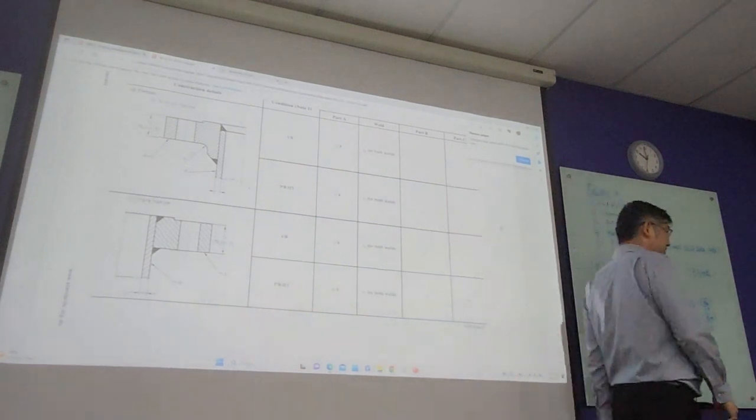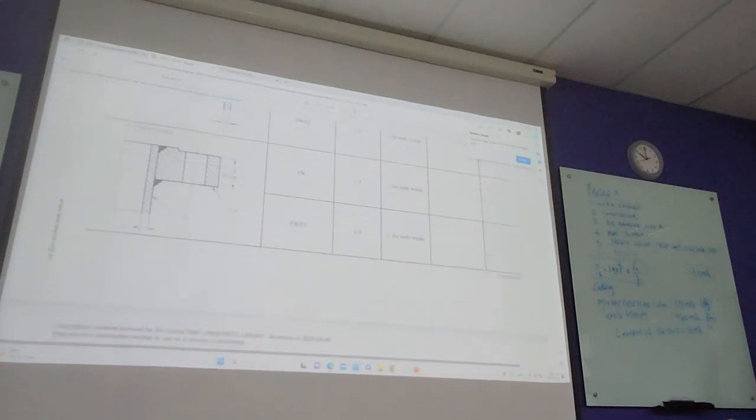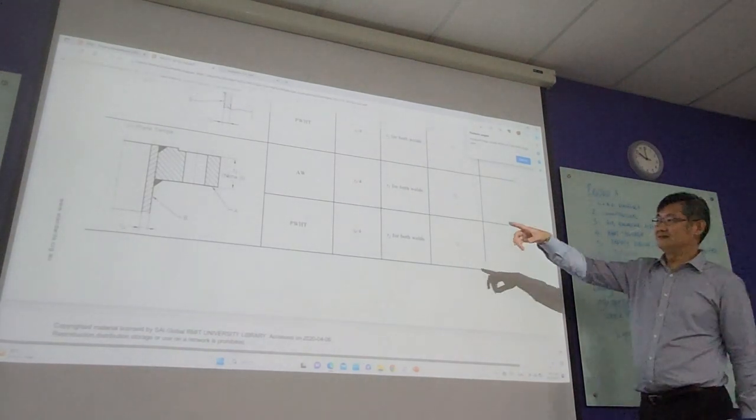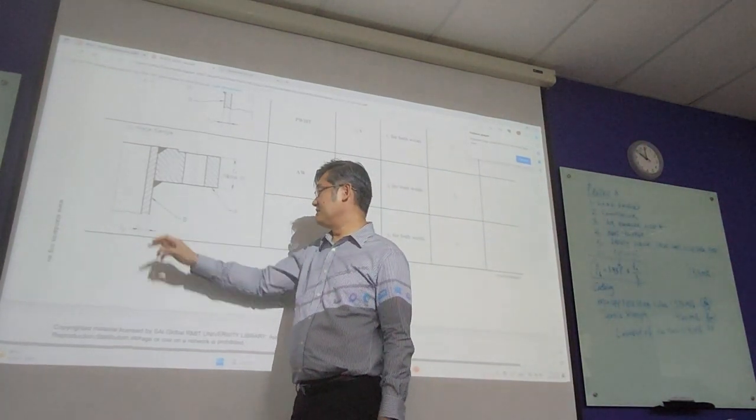TF is the flange thickness. But isn't that the pipe thickness instead of the shell? Yes, we also call this pipe. TF1 is the flange thickness, and T2 is the shell thickness.